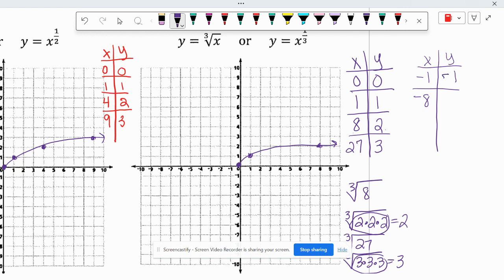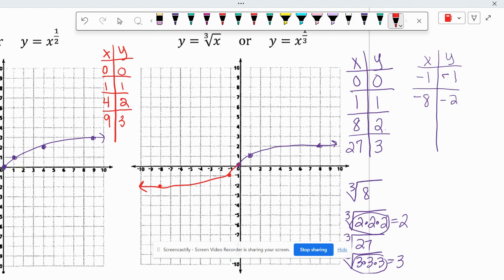What's the cube root of -8? -2. So when x is -1, y is -1. And when x is -8, y is -2. So my graph also goes this way. Okay. So the cube root of x is the parent of the cube root function.